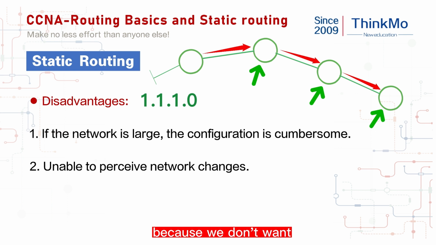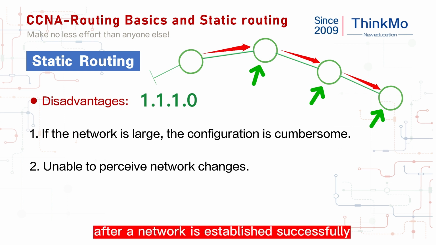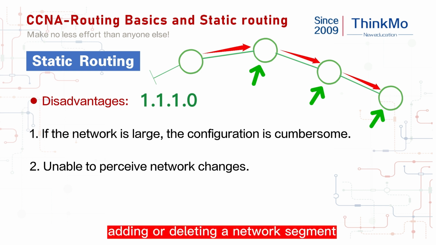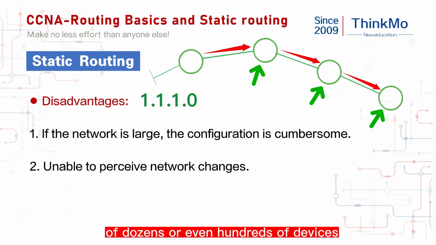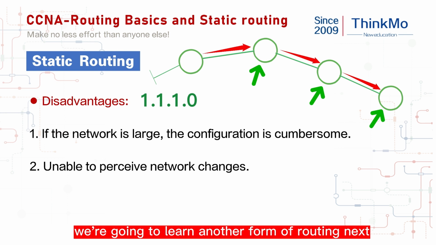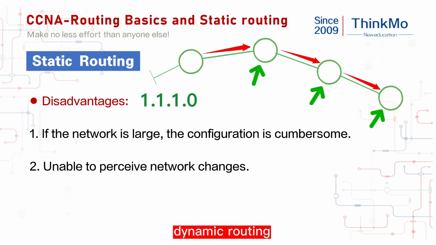Because we don't want, after a network is established successfully, to have to stare at it every day. Adding or deleting a network segment requires manual configuration of dozens or even hundreds of devices. This is too exaggerated. So that's one of its downsides. We're going to learn another form of routing next: dynamic routing.